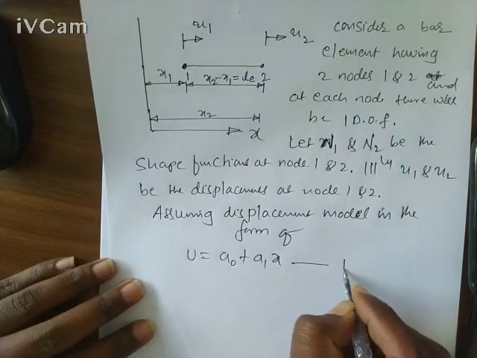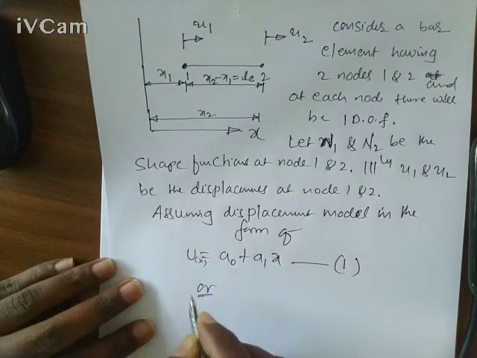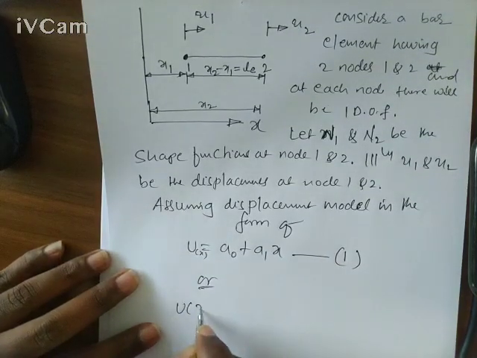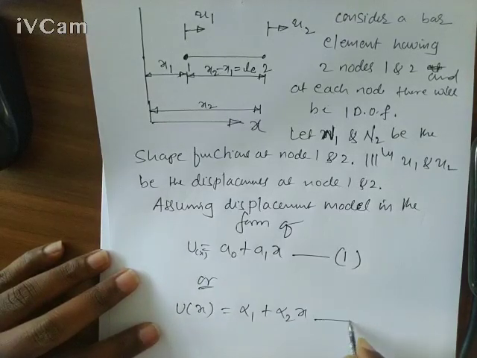I am going to call this equation number 1, or otherwise you may consider u of x as alpha 1 plus alpha 2 of x.